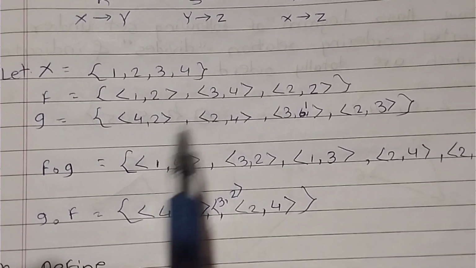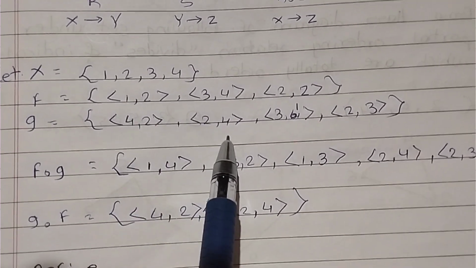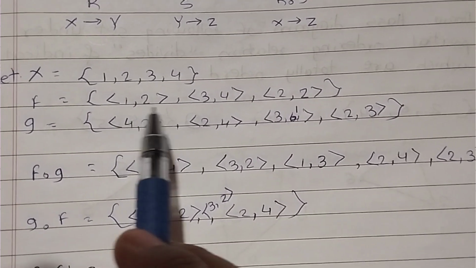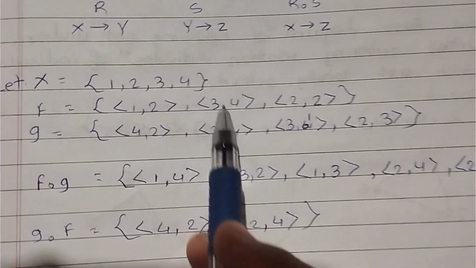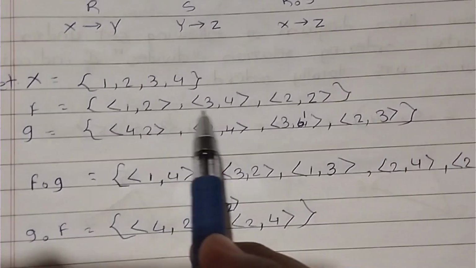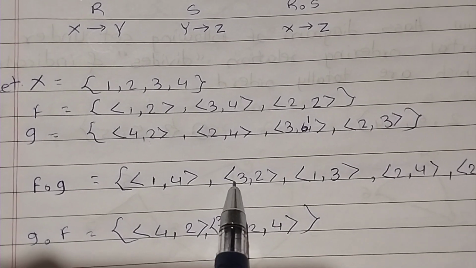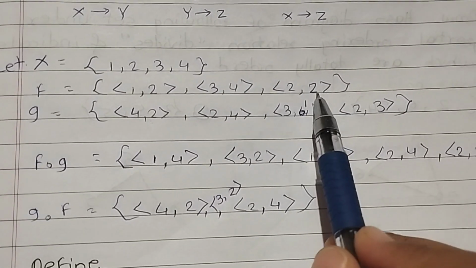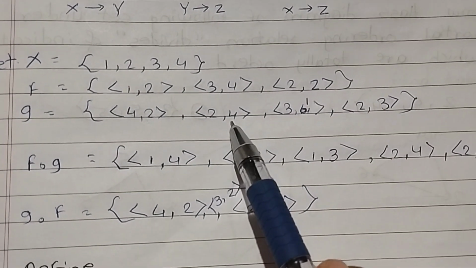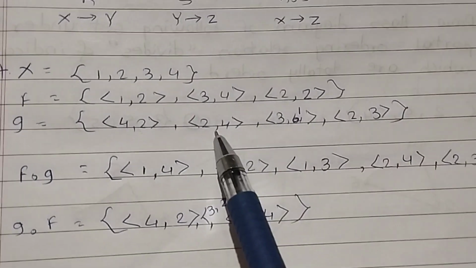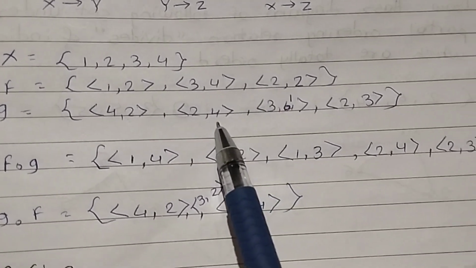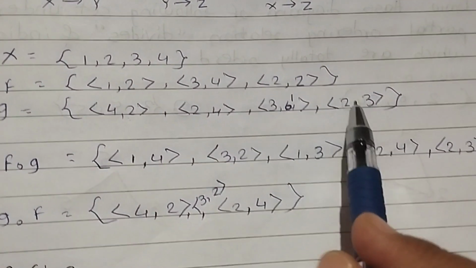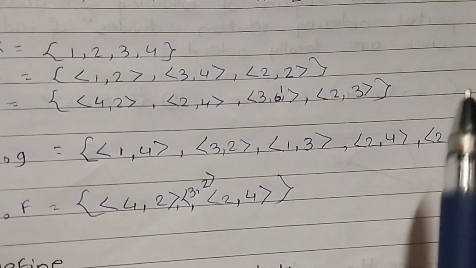So what is F∘G? (1,4). Now the second pair of F is (3,4). Any pair starting from 4? Yes. Then (3,2) is in F∘G. And (3,2) and (2,2). Any element starting from 2? Yes, here 2 elements start from 2. So first we write (2,4), and for the second element (2,3).